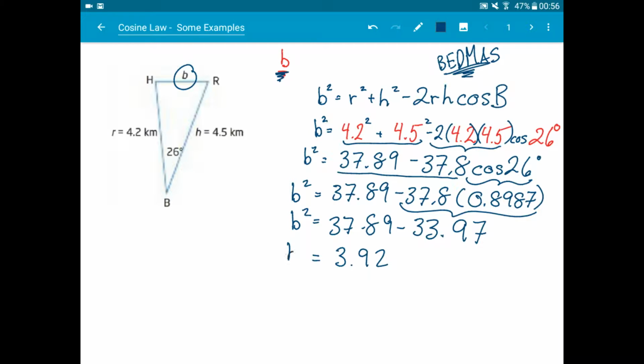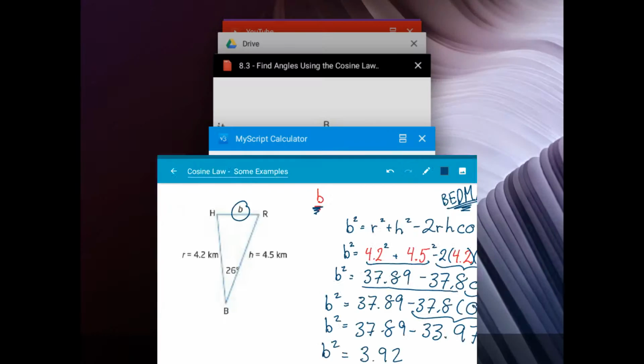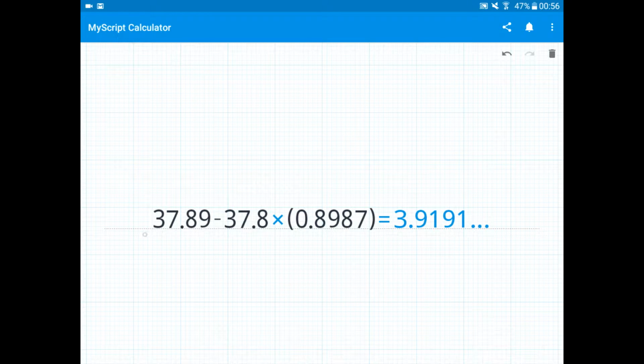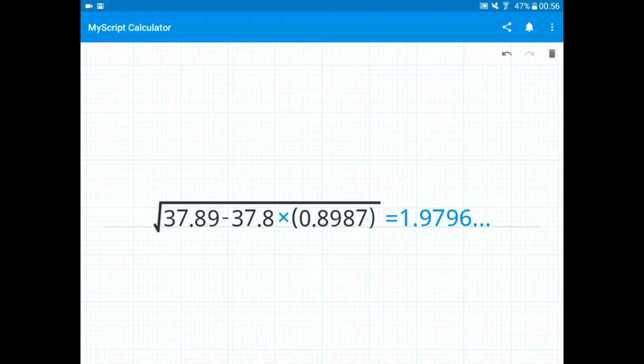All of this is equal to b squared. So now I just need the square root of that number, which gives me 1.98.